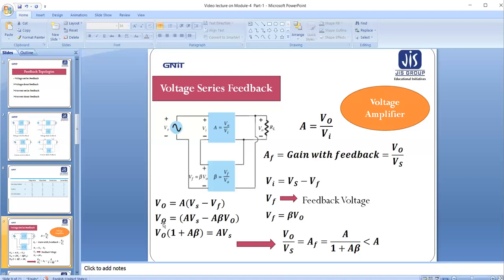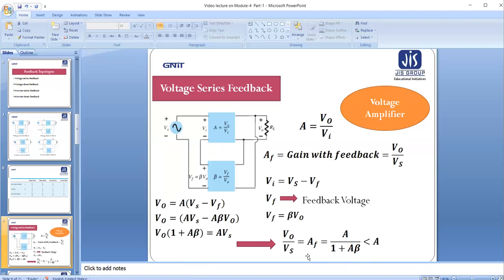Taking V naught common, 1 plus A beta times V naught equals AVs. As gain with feedback is V naught by Vs, after manipulating, V naught by Vs equals A by 1 plus A beta, which is nothing but the AF.